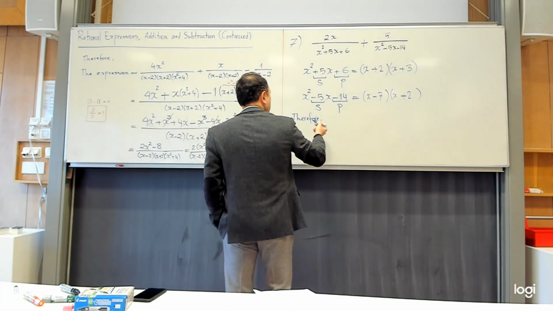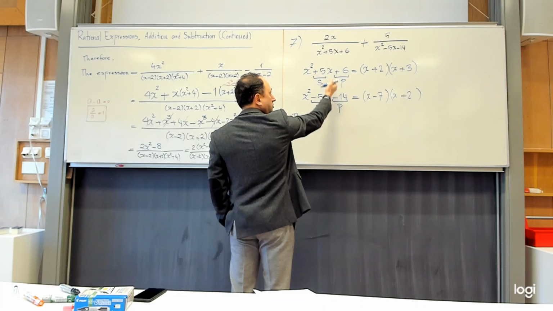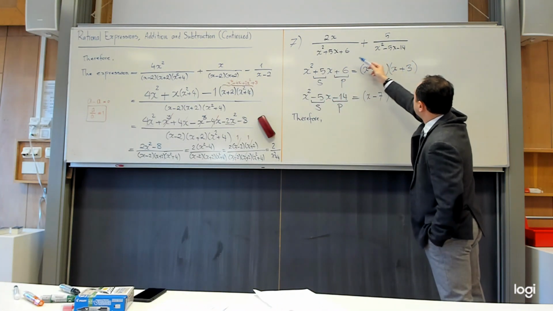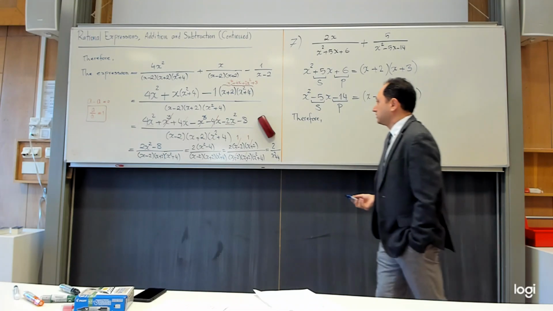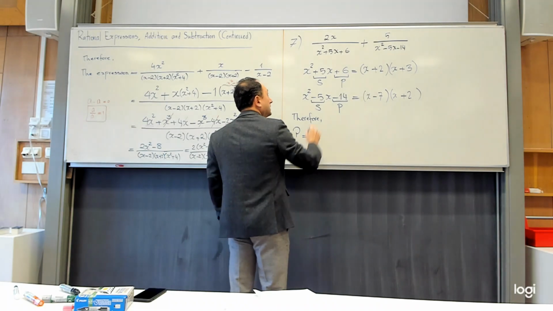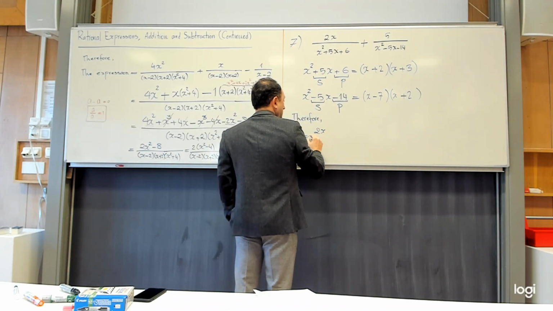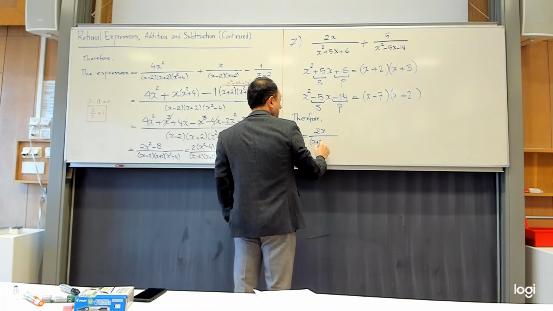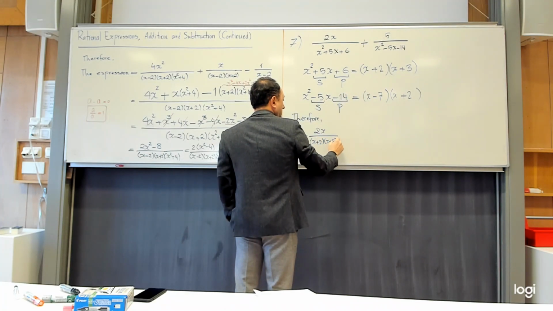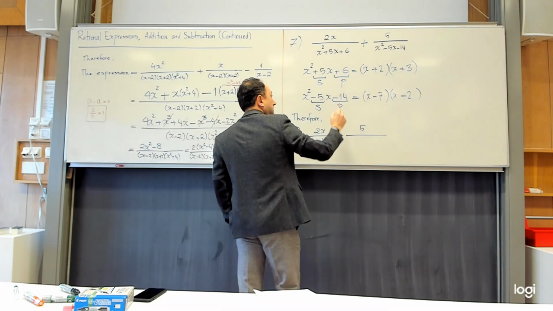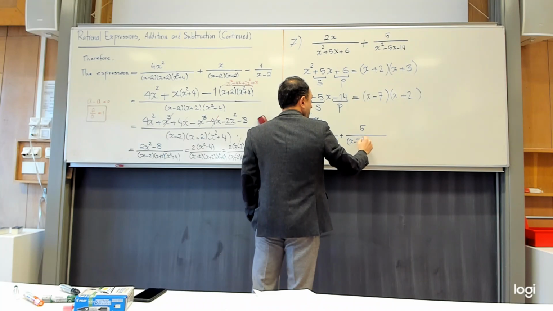I myself prefer to write equality here and factorize this and factorize that, instead of writing therefore and the expression is that. So the question mark becomes equal to 2x divided by this expression, which I factorized, and then plus 5, and the other one I would write x minus 7, x plus 2, yes?